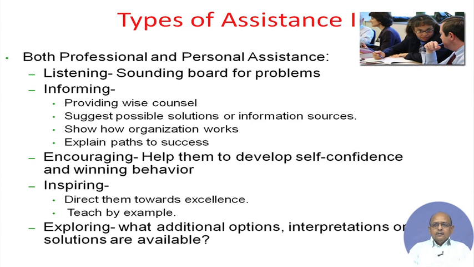It means, if you listen to the individual, probably he would be able to express his opinion, concerns, voice related to the problem. And your role is that you give him advice, counsel him on what needs to be done. You tell him what could be the possible solutions, or what are the sources of information from where he can get it, right.